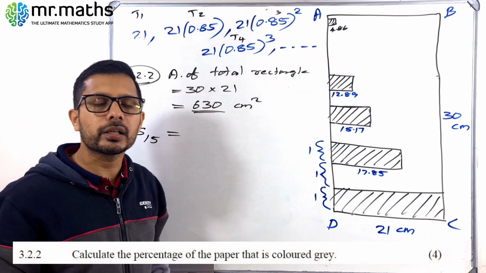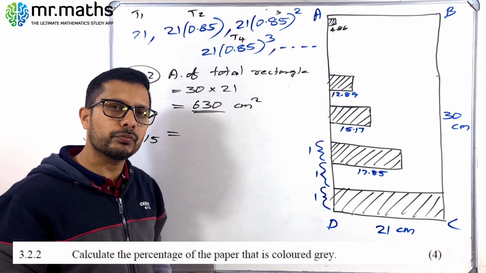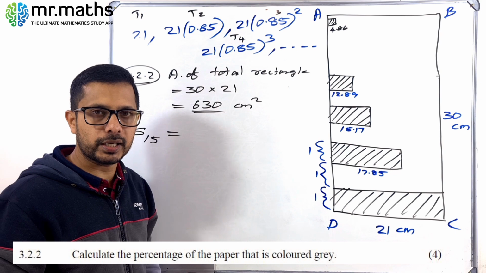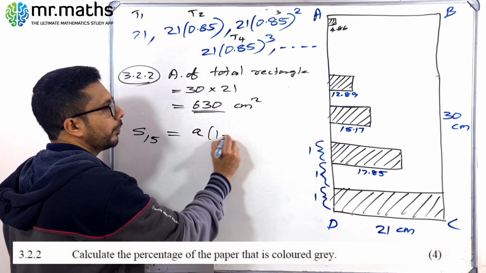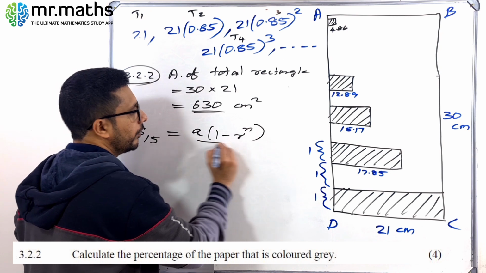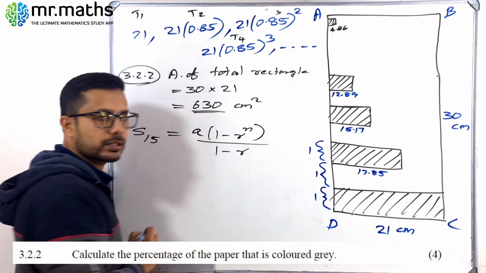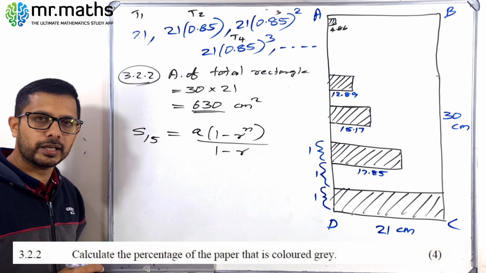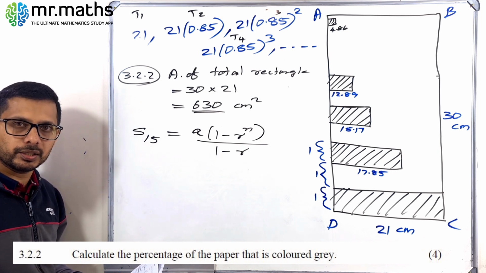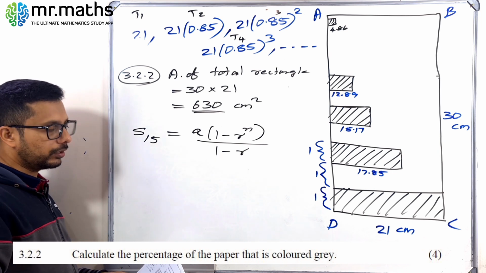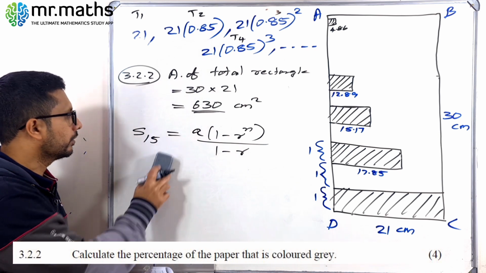The formula is a times 1 minus r raised to n divided by 1 minus r. Am I right? That is the sum of the first n terms of a geometric sequence.